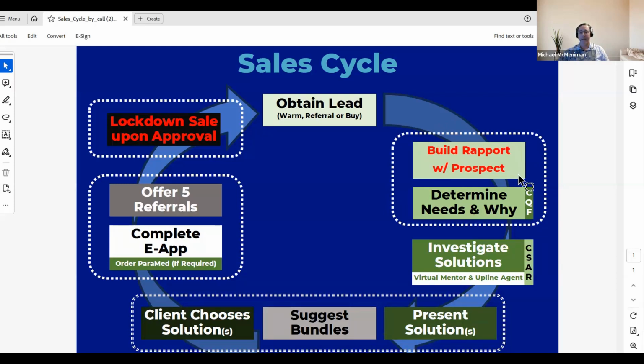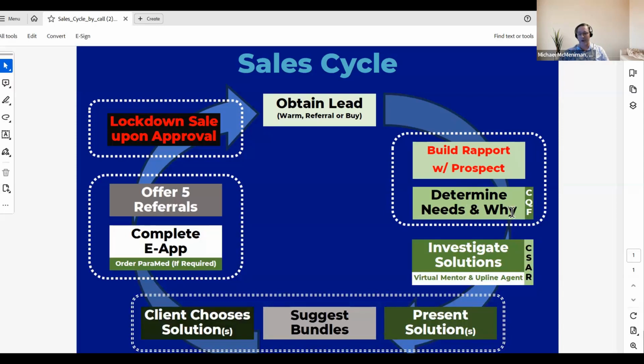And then that whole first conversation is about trying to determine why they are looking for life insurance, determining their life insurance needs and their medical history, because all of those things are going to play a role in that process.